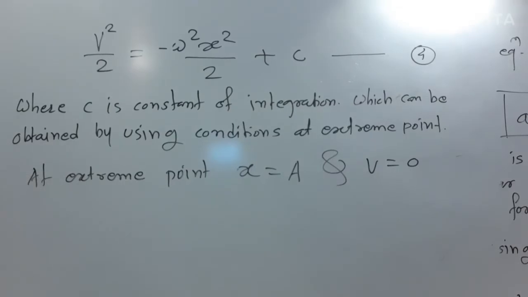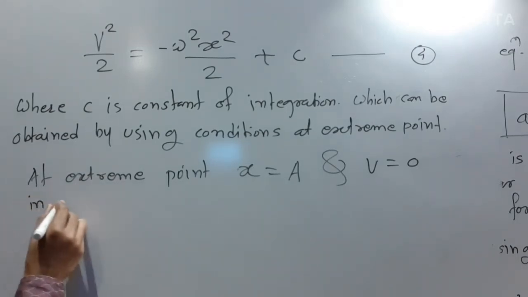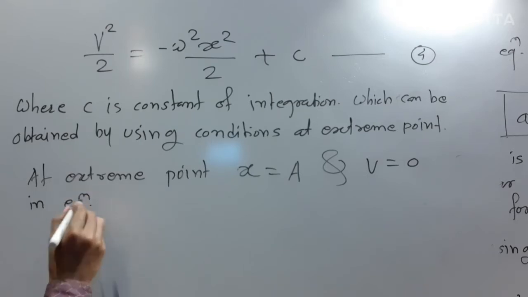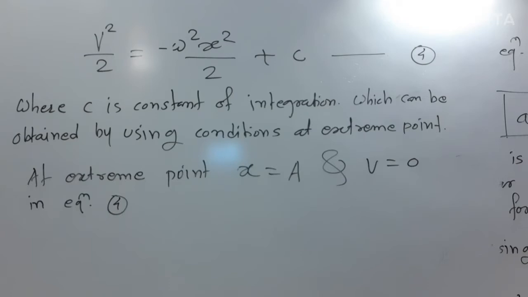Use this in equation 4. Using conditions at extreme point, x is equal to a and v is equal to 0 in equation 4.